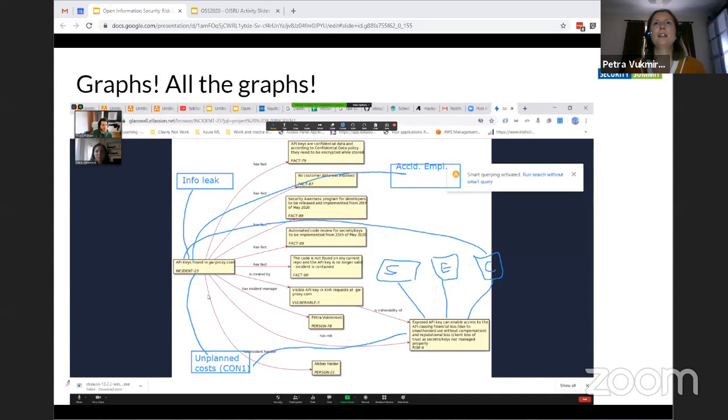The graph is actually a representation of Jira, so you have the links on the arrows. You have links like facts, is created by, has incident manager, has risk, is vulnerability of. And we identified a risk, which was risk 6 here in the graph.